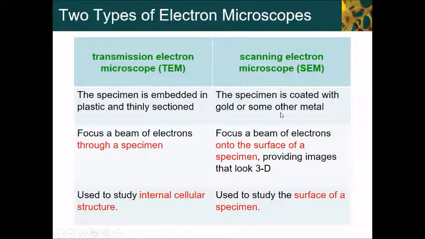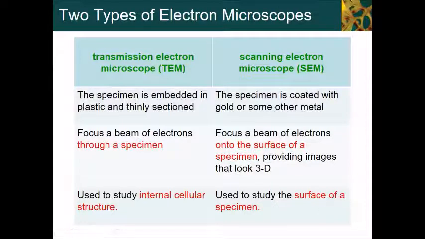Meanwhile, in SEM, they focus a beam of electrons onto the surface of a specimen, so it will provide a 3D image. Usually, scientists use TEM to study the internal cellular structure, meanwhile SEM to study the surface.